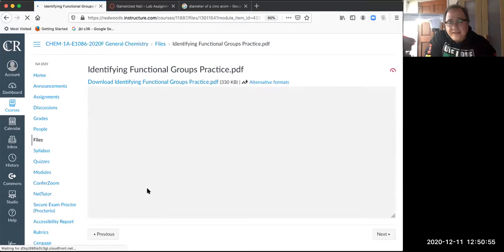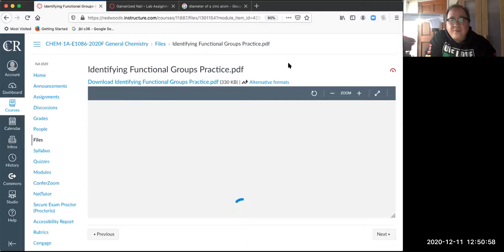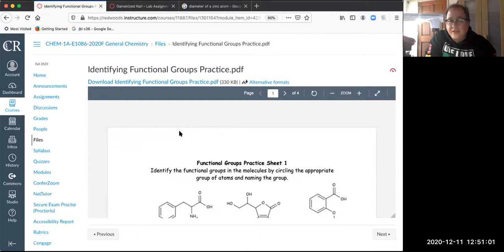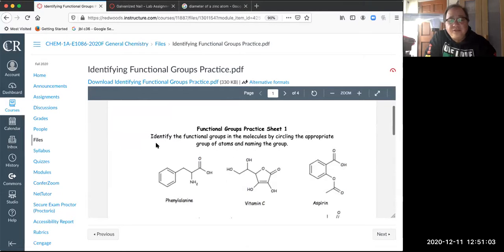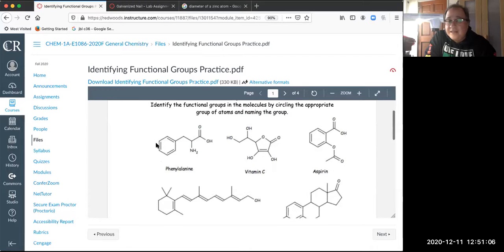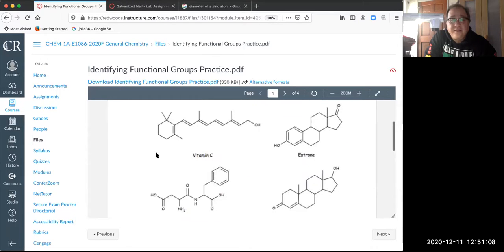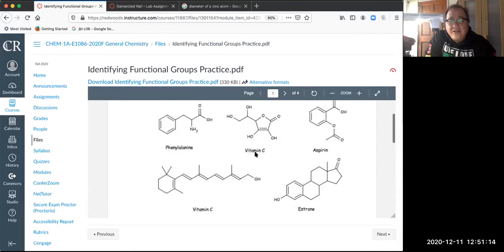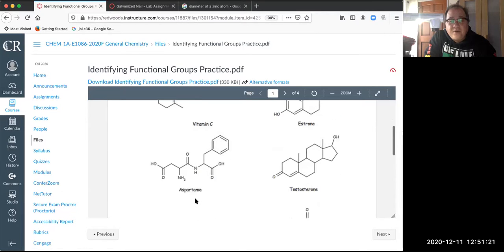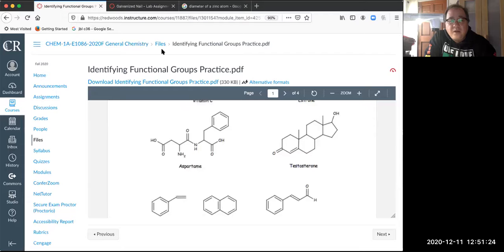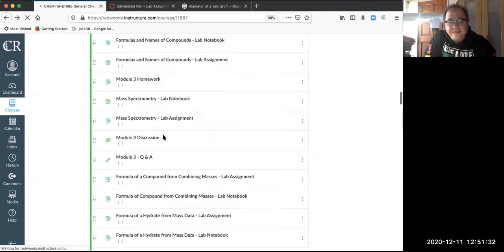You can download these. There is a problem with one of these in that I named the molecule incorrectly. So these are different molecules where you can practice identifying functional groups. The problem here is this one above, this is not vitamin C. You see I have vitamin C down twice. This is actually beta carotene, the bottom one. But what I'll do is go back to the module, and you can practice with these.